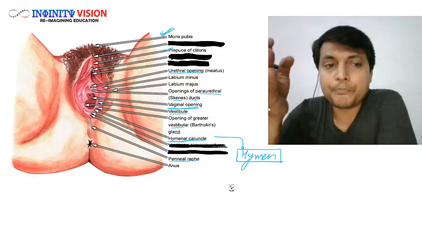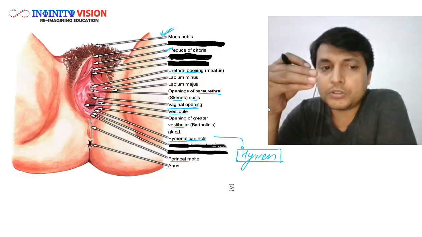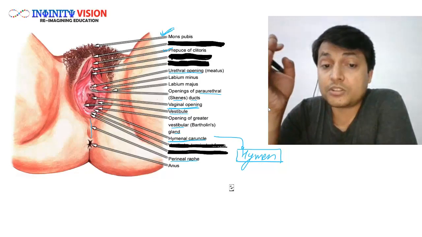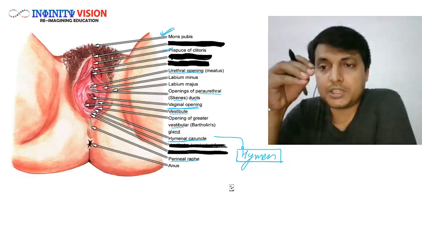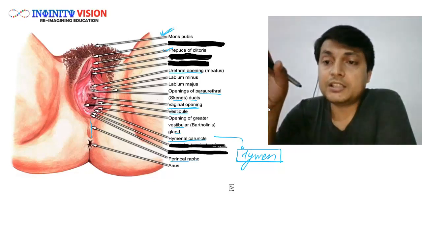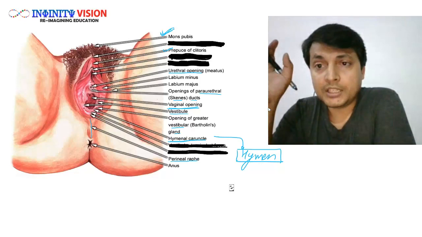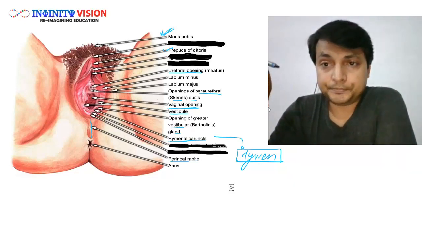Here also, from this external genitalia up to the anal aperture, there is a vertical scar, and this scar is called perineal raphe. And finally, after the perineal raphe, you will find the anus or anal aperture. Great. So this is all about the external genitalia of human female.